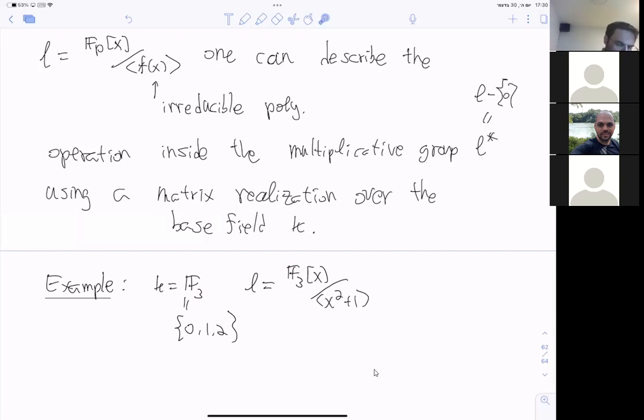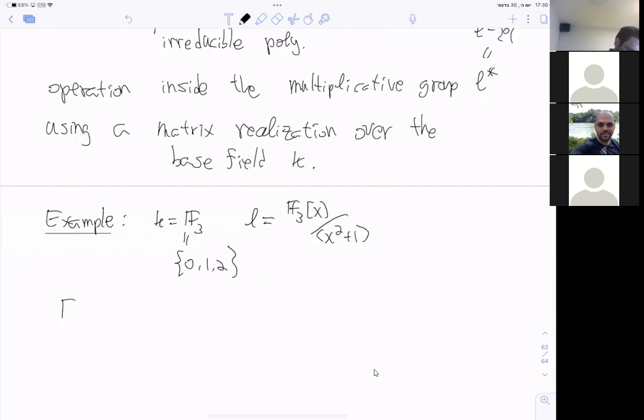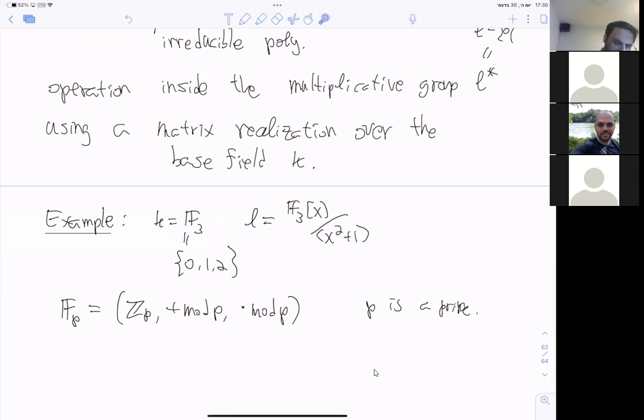When I say F_p in general, this is Z_p together with plus modulo p and multiplication modulo p. So this is a field. p is a prime. Why is it a field? Because any Z_n is an abelian group, even a cyclic one.